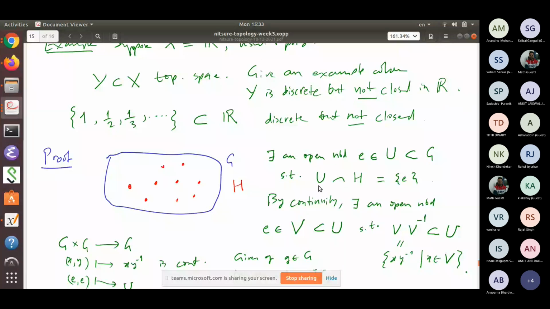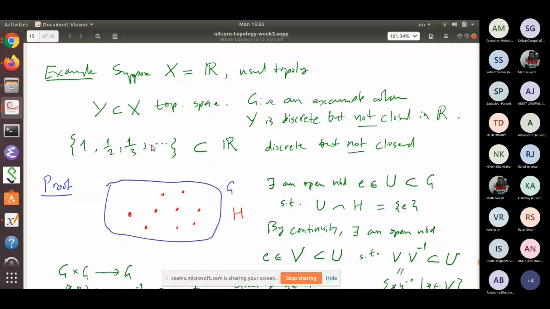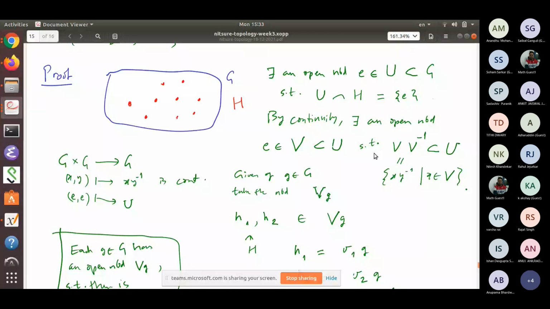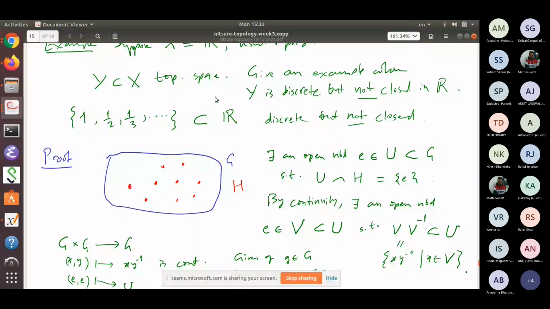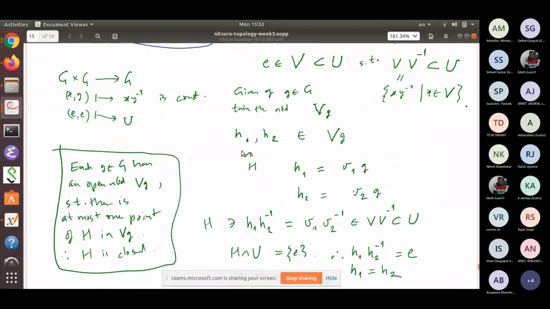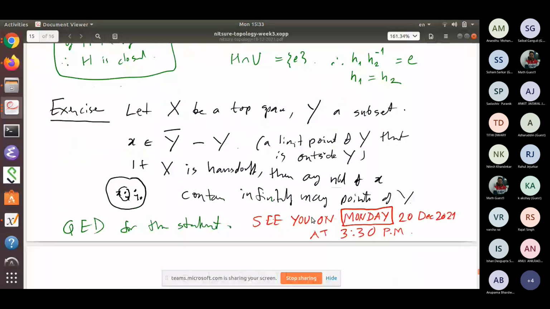But first of all, I asked for an example of a topological space and a subset which is discrete but not closed. And I think Roshani gave the example right away. Like here's the example. But this doesn't happen if your subset is a subgroup of a topological group. And we proved it here. And then I said, see you on Monday, 20 December at 3:30. So that's what we are doing now.